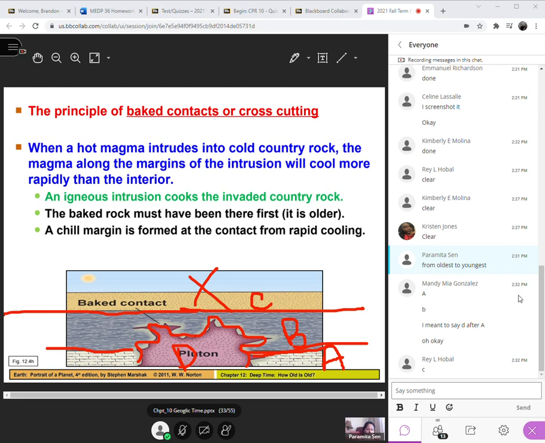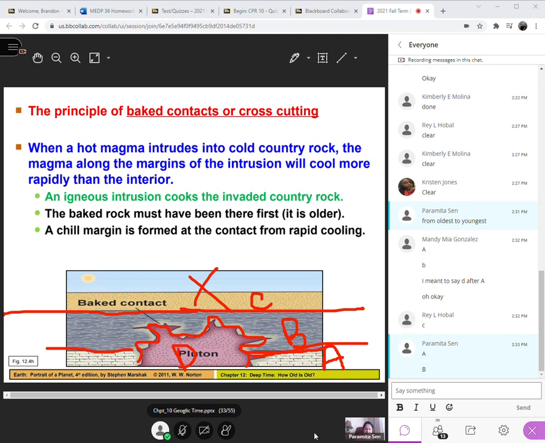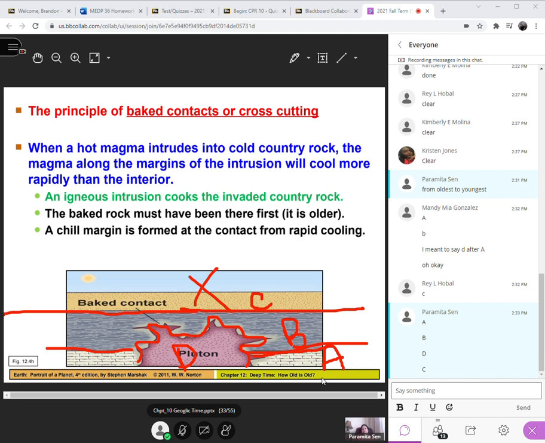That's why it cannot go any further. It stopped. So maybe after A, B, and D, layer C was formed. So it is A, then B, then D, then C. Let's check whether you understood it or not.